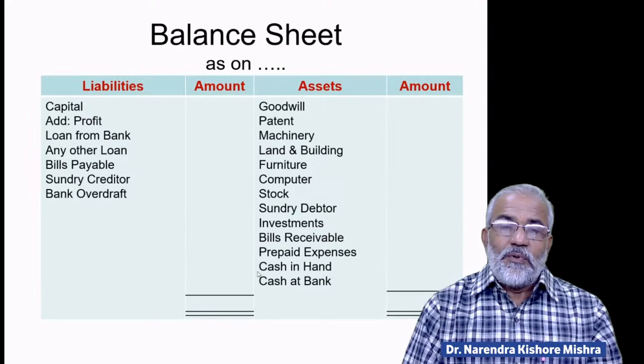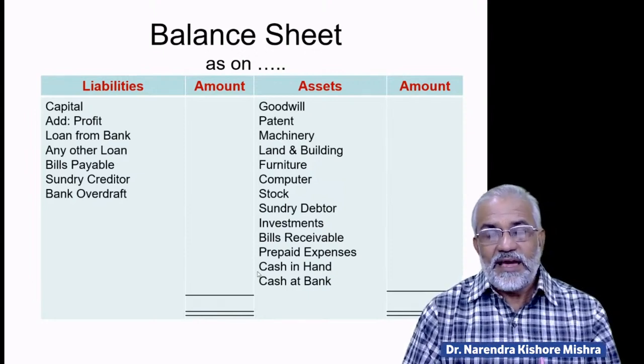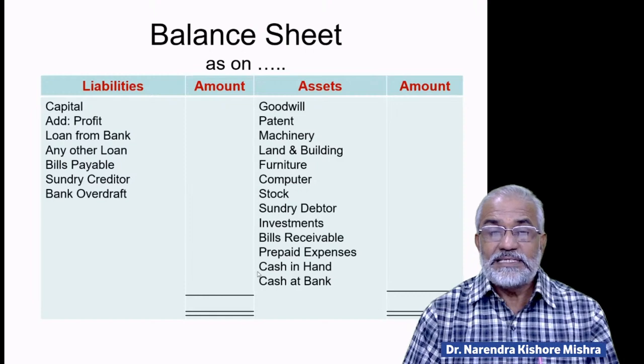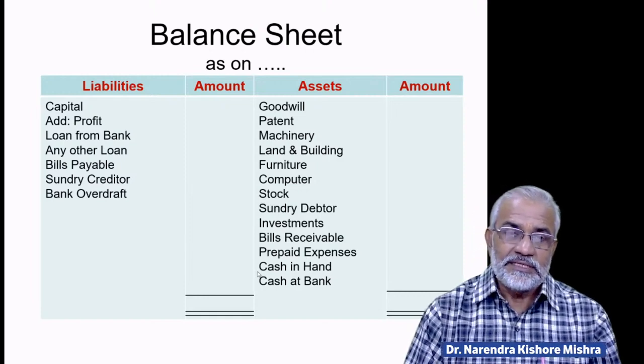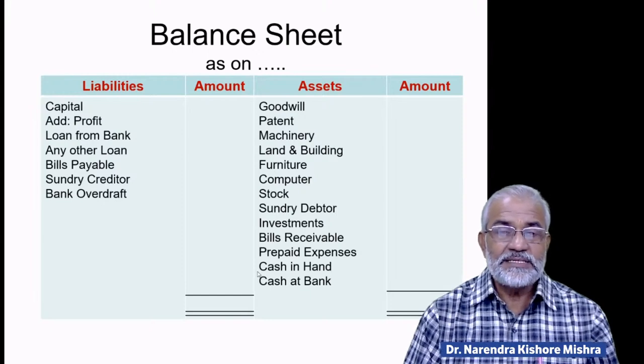So if all assets are to be debited, then following that principle, the assets should have been on the left hand side of the balance sheet.